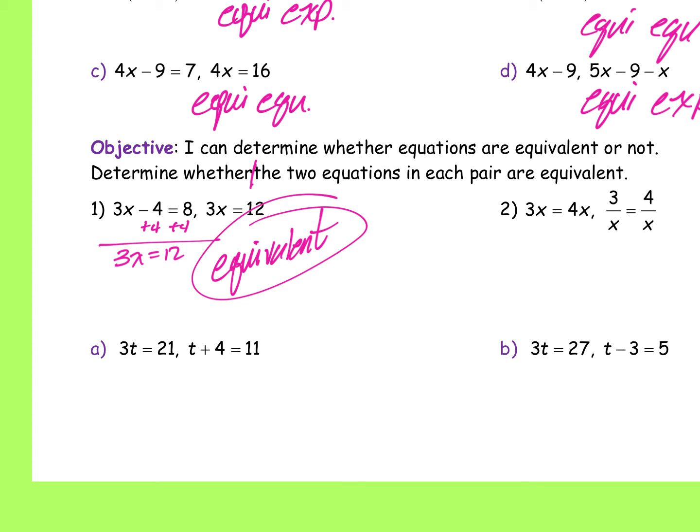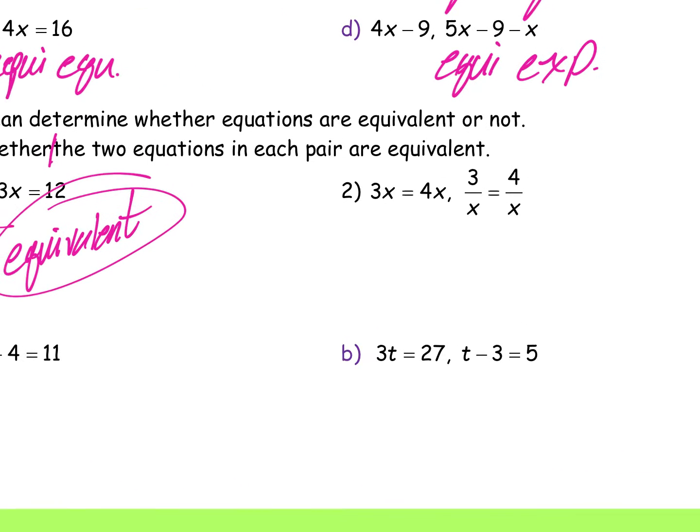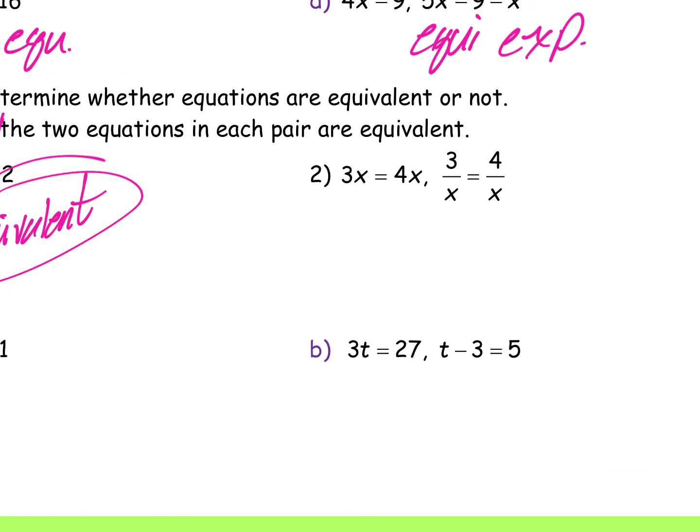Does that make sense? So number 2, what do you think? Is number 2 equivalent? Yes. So how? Tell me. Because the only common thing that we have is the x, so you would divide by x on both sides.